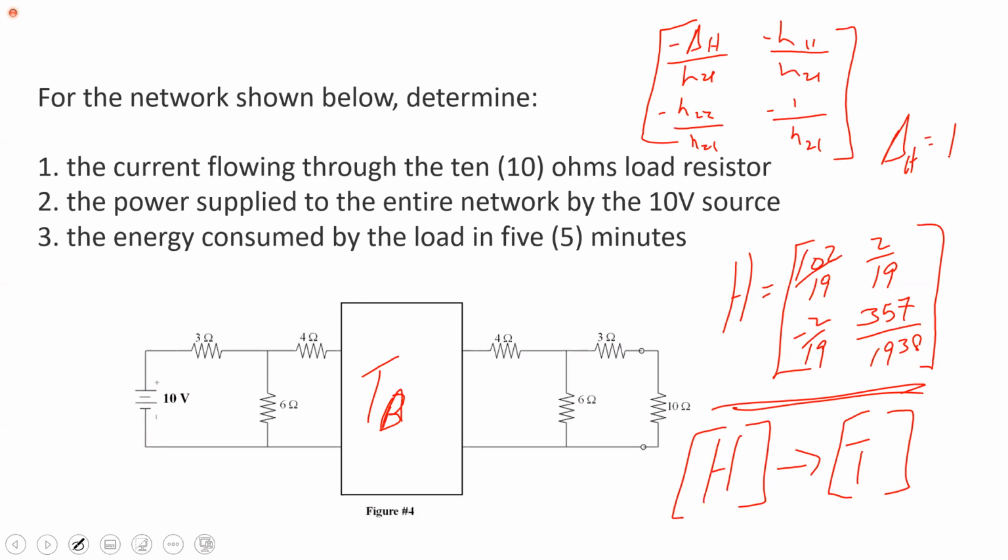So for T, this will just be the reciprocal of H21. So you would have here 19 over 2, this will be 19 over 2. This one worked out to 51, and this worked out to 1.75. All right, so that was your TB. That's for the network in the middle.